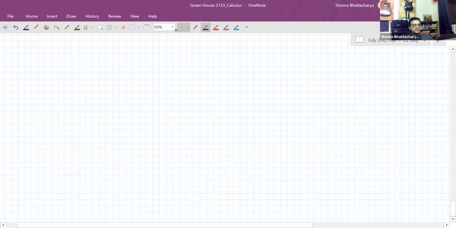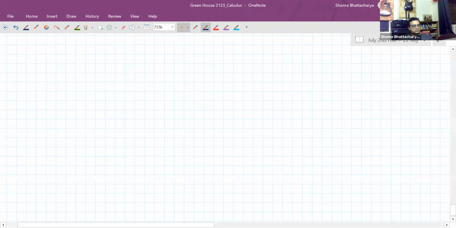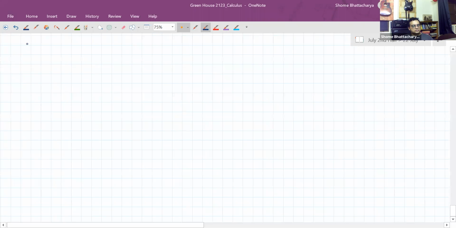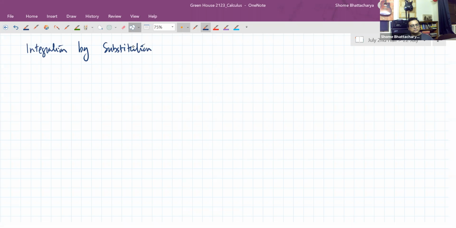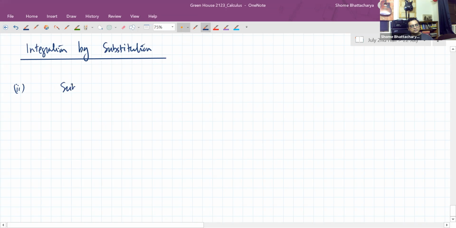Now we come to a second type of integration by substitution. In this one, what we do is substitution of a function, let's say g(x), within a composite function.